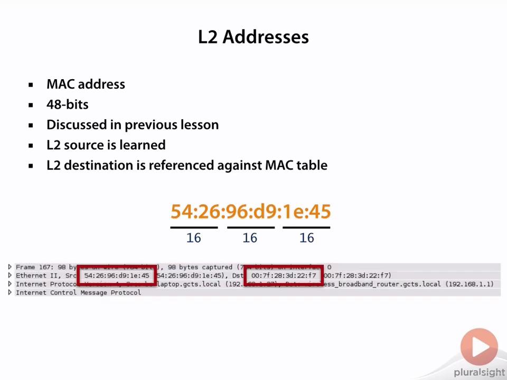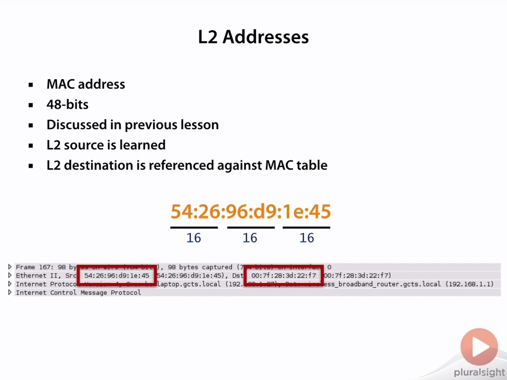Now here's a look at a frame that I've captured in Wireshark. In this output, you can see on the left-hand side, I've put a square around the MAC address that we've been focusing on, 54:26:96:D9:1E:45. So that's the MAC address that we have been focusing on for this example.